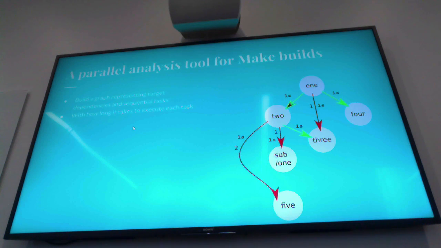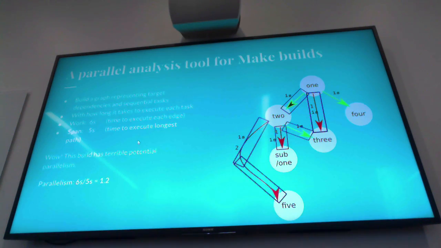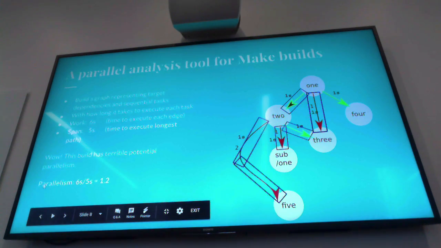We then calculate work using this information. Here, work is 6 seconds, because that's just the sum of all the edges in this graph. And then we calculate span, which here is 5 seconds, because we can do almost nothing in parallel in this terrible build system.